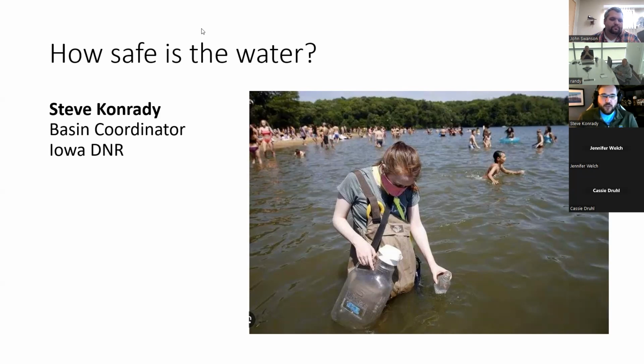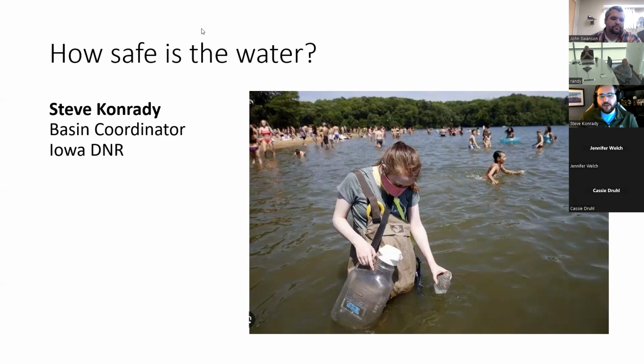If you don't have beach sand, that could be a blessing. There may be fewer opportunities for some of those bacteria to get in there, but generally speaking, the reason we check at the depth that this person is standing at is because that's most likely where kids are going to put their head underwater. The farther you get out away from that shoreline area, the lower the bacterial concentrations tend to be.